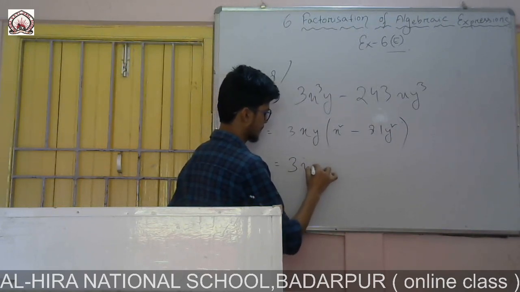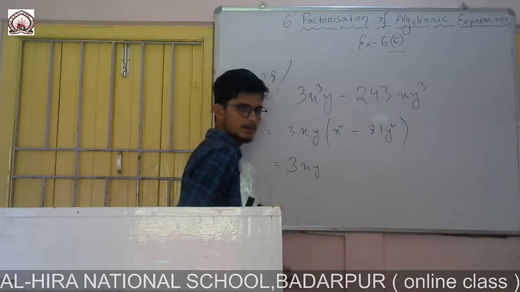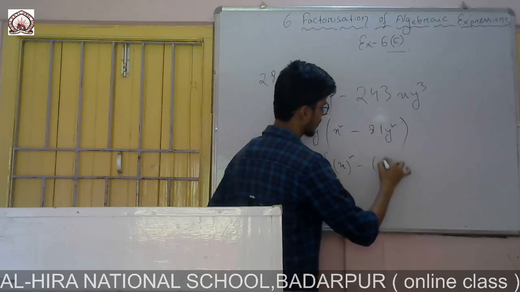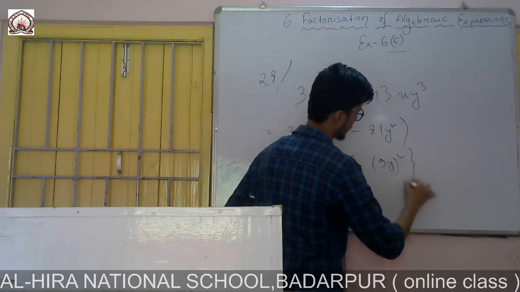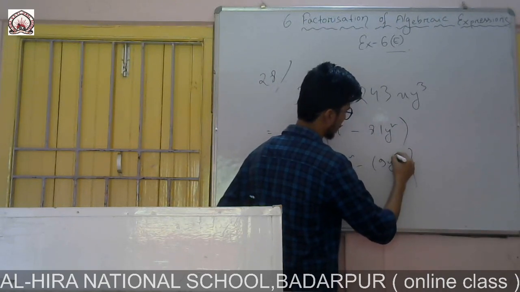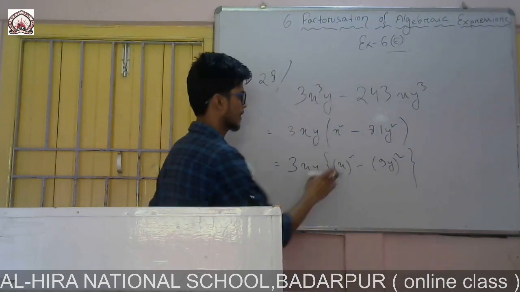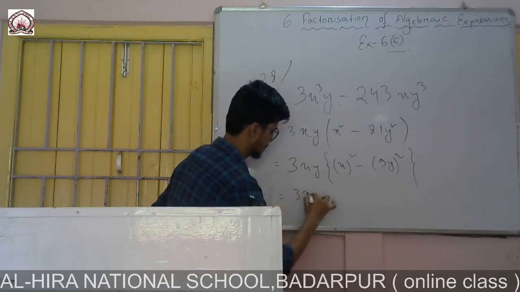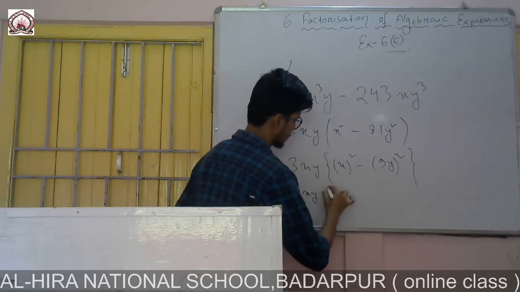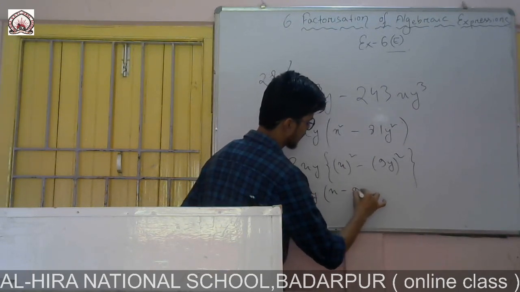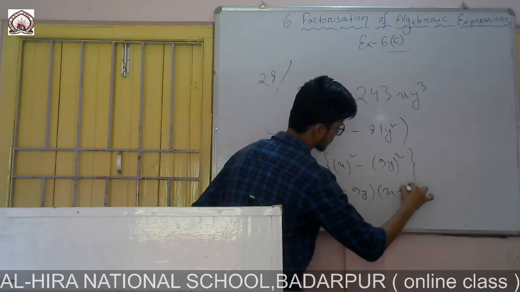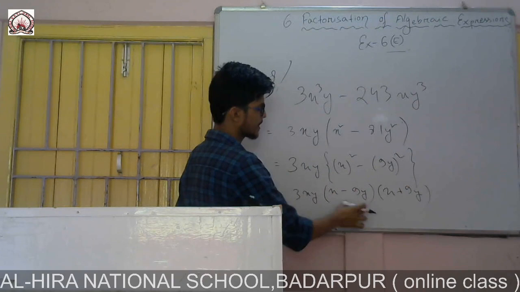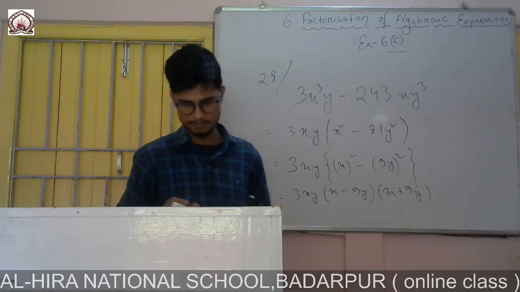So you see, now I can convert this part into the form a square minus b square. 81 will be 9y square, this is a square. So now it will be 3xy and the answer will be x minus 9y and x plus 9y. A square minus b square is a minus b and a plus b, or a plus b, a minus b.